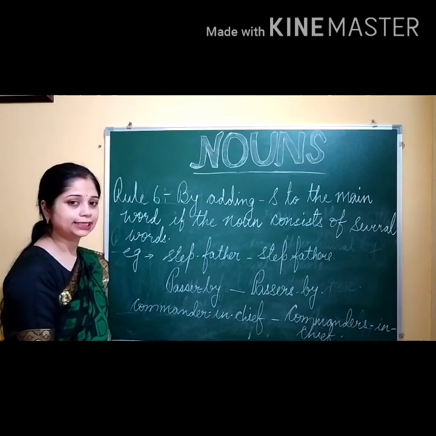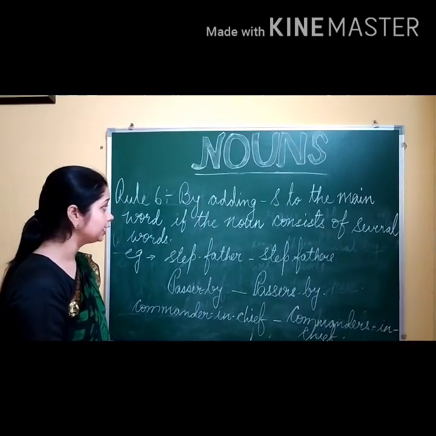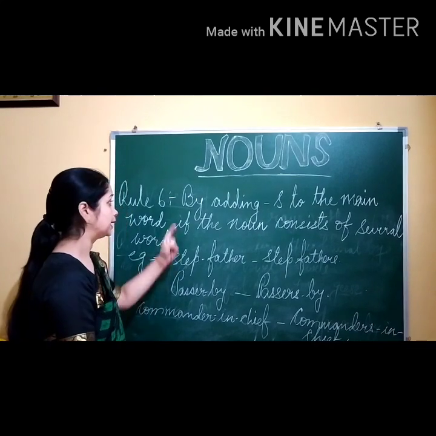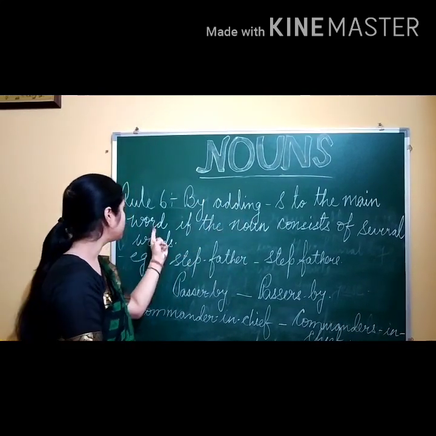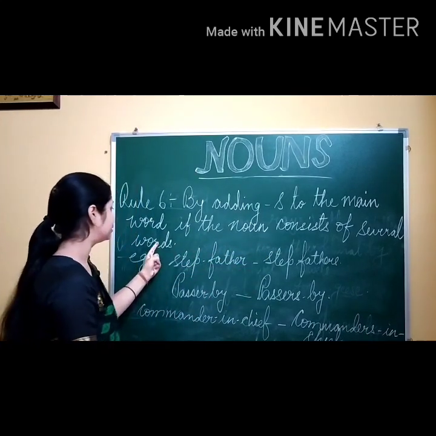Rule number 6 states that we can change the form of a singular compound noun by adding S to the main word if the noun consists of several words.